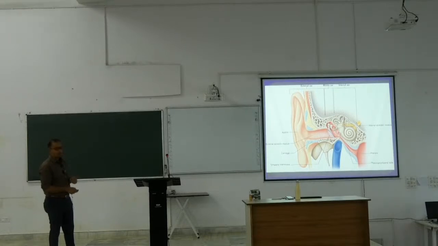Then it leads to the tunnel, the external auditory canal, which ends at the tympanic membrane, limiting the extent of the external ear. The doorway ends there. Beyond this, we call it the middle ear.